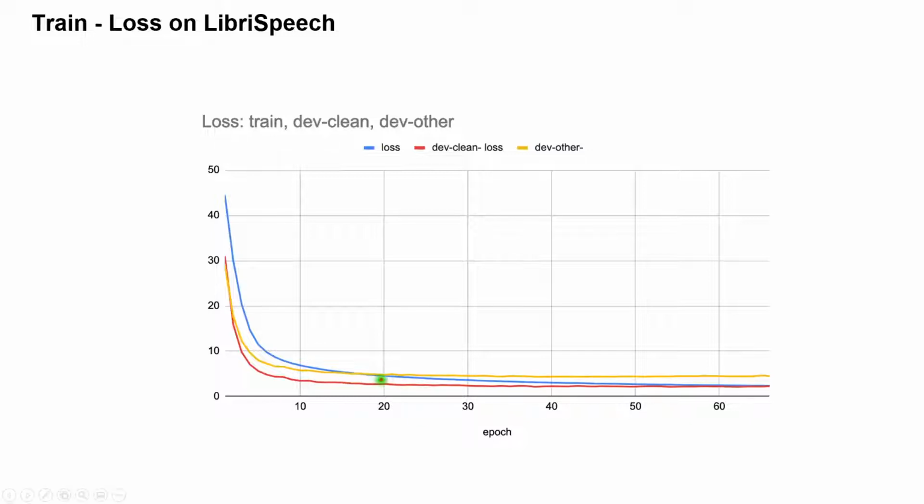Training loss was still going slowly down, but dev other and dev clean were almost stabilized beyond 30 to 40 epochs.